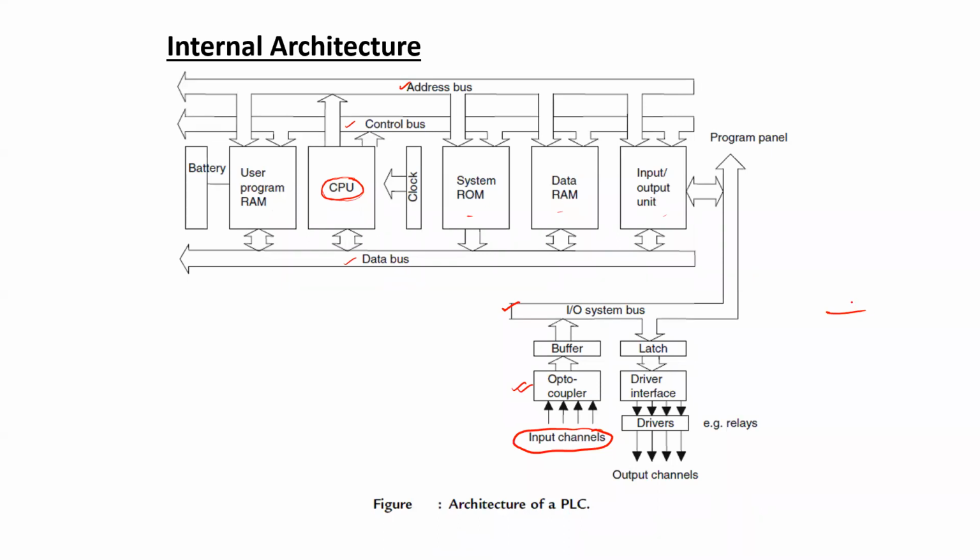So in general, the symbol of the optocoupler can be represented like this. An optocoupler might have an LED and a phototransistor.